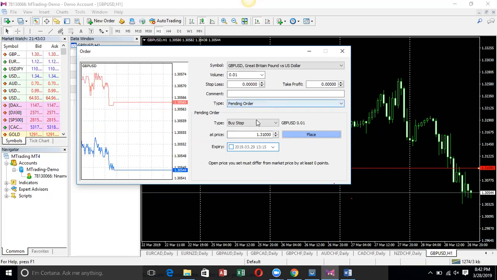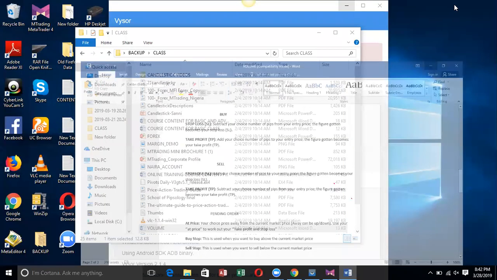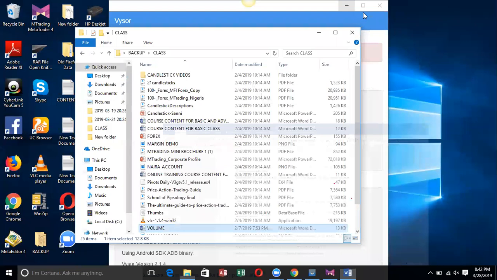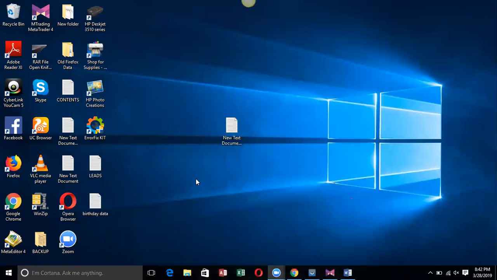So remember I said that we will use our ask price to work out our take profit and stop loss. So it's time for us to work out our take profit and stop loss.